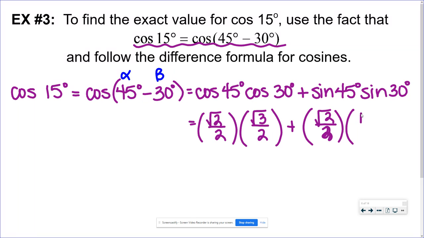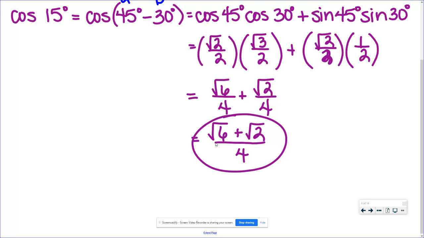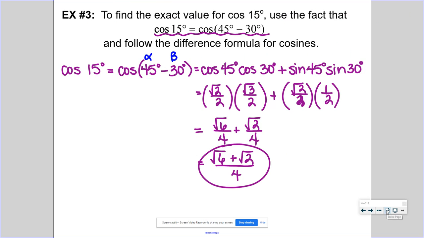And then sine of 30 is 1/2. Multiply, so top times top, bottom times bottom on both sides. And you could stop right here because there's not really a way to combine these nicely, or you could, if you wanted to, go ahead and add the numerators together and put it all over one fraction. But either one is your solution.